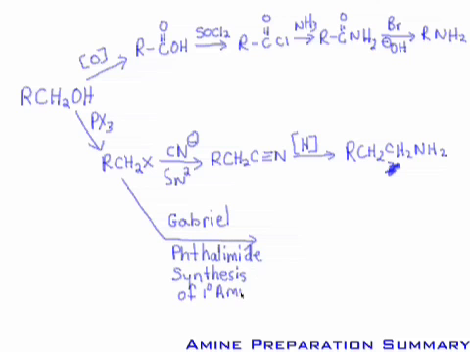Now, this Gabriel phthalimide synthesis involves nucleophilic attack SN2 and then subsequent hydrolysis of the phthalimide, and you will produce an amine with the same number of carbons as the original alkyl halide. So we have the same number of carbons as our original alcohol.